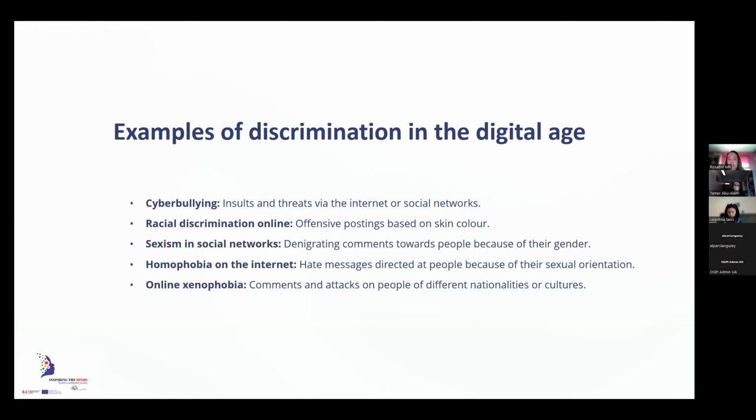Sexism in social networks: denigrating comments towards people because of their gender, not only women and men, but also non-binary gender, fluid gender situations.